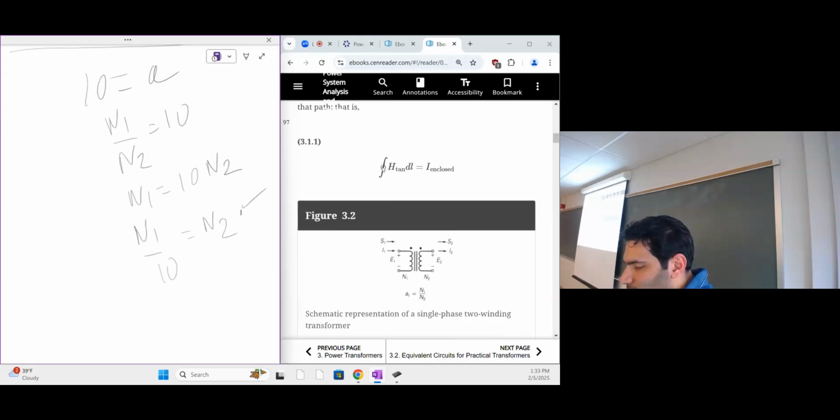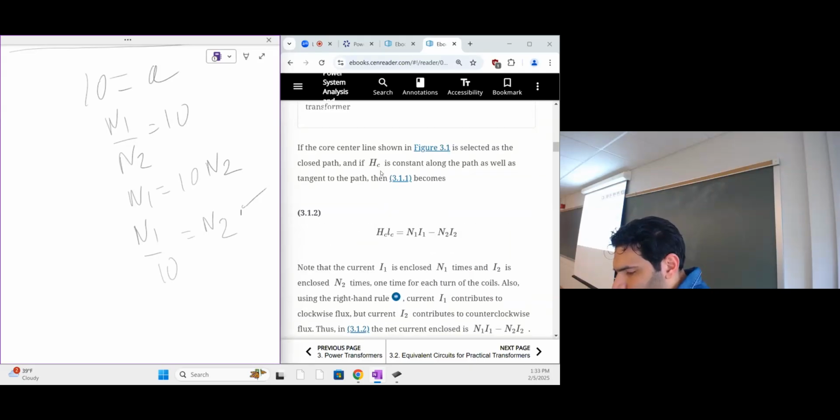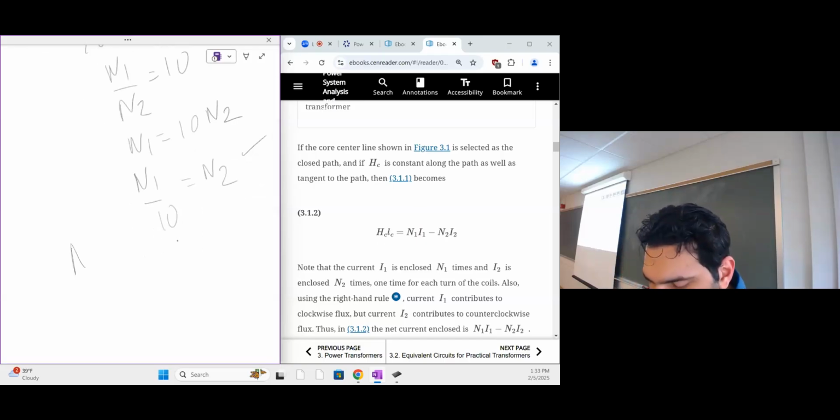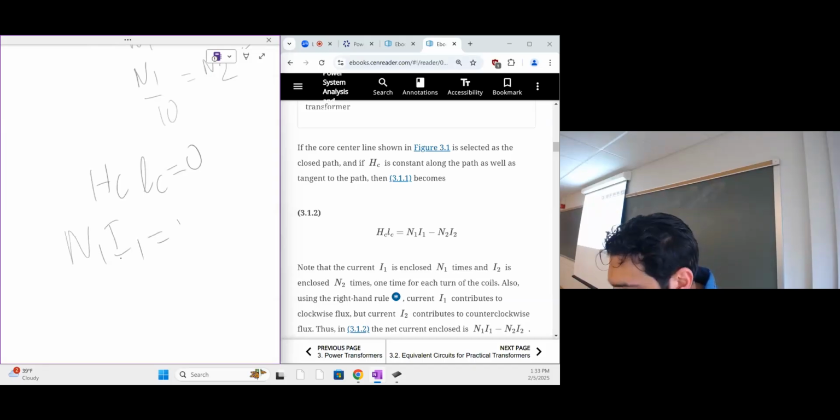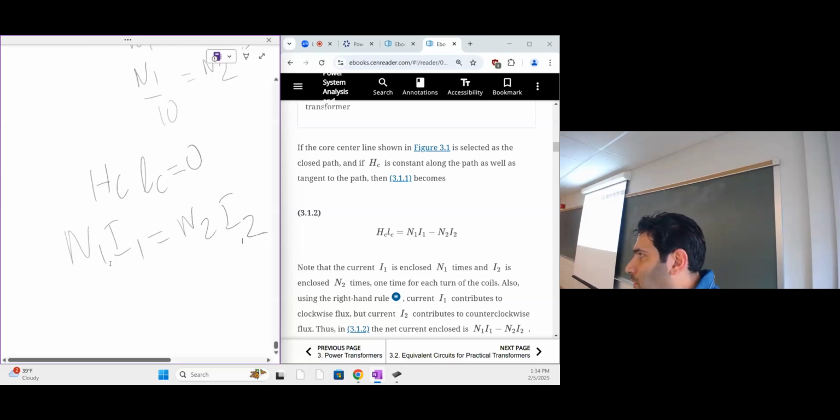And here you have this circle, which means all over the range. So if we expand that equation, we'll get this one. HC LC would be equal to N1 I1 minus N2 I2. In case this value is 0, so when HC LC is equal to 0, then N1 I1 is equal to N2 I2, and that would act as an ideal transformer.